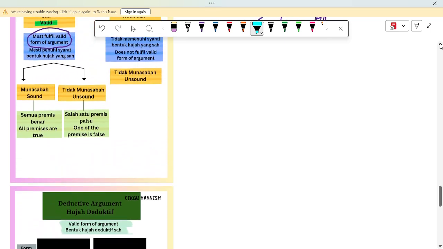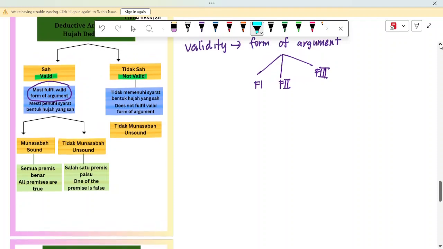Once you determine whether it's valid or not, you need to determine whether it is sound or not. So if all your premises are true, then it is sound. If any one of your premises is false, then it will be not sound. That's all, okay? Okay, last one before I end.